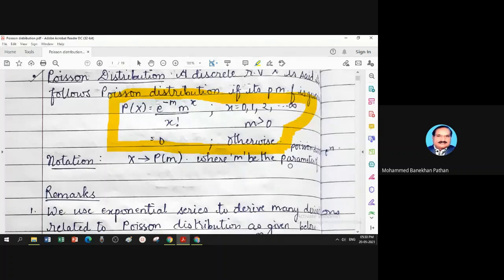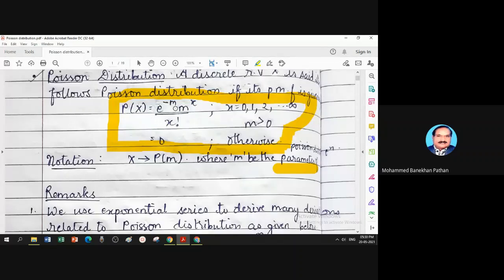What is the concept of parameter? The constant in the function which specifies complete function perfectly. That constant is called parameter.